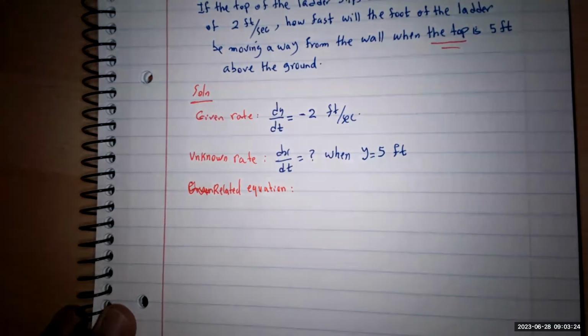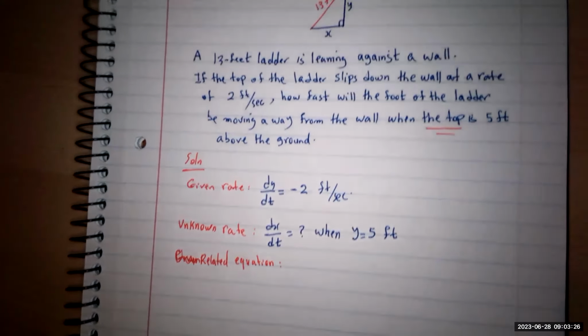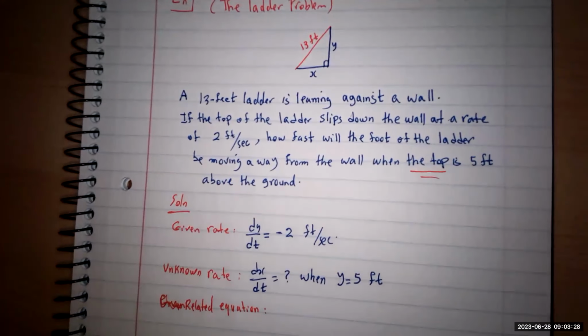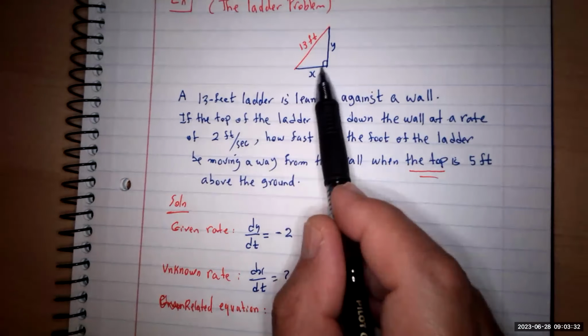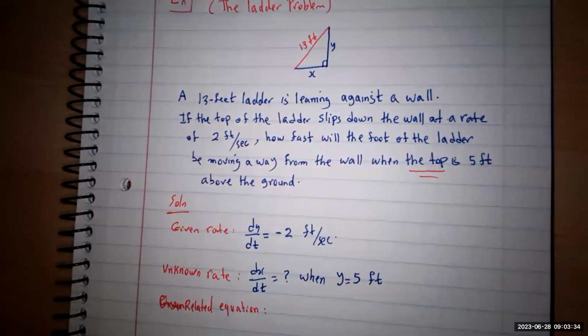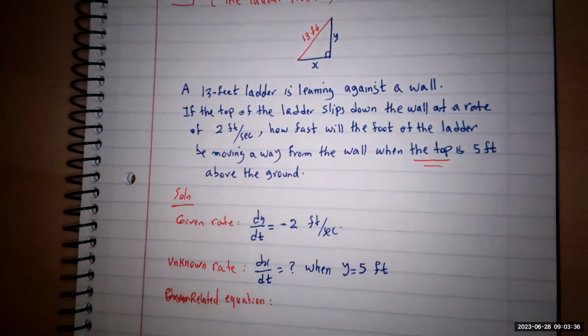Let's look at this case. You have a right triangle. This is x, this is y, this is 13. Do you know any relationship between these three numbers? The Pythagorean theorem. Excellent.